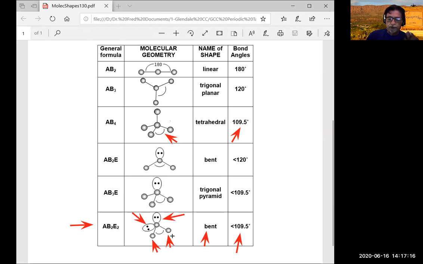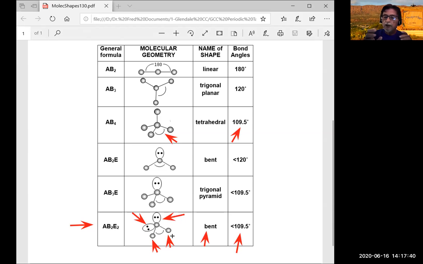Earlier, we talked about the two types of bonds, ionic bond and covalent bond. And ionic bonds, if you recall, it's a full negative charge, full positive charge. It's electrostatic attraction with each other. With respect to covalent bonds, there is a sharing of the bonds. And sometimes it's an equal sharing, but other times it is not.